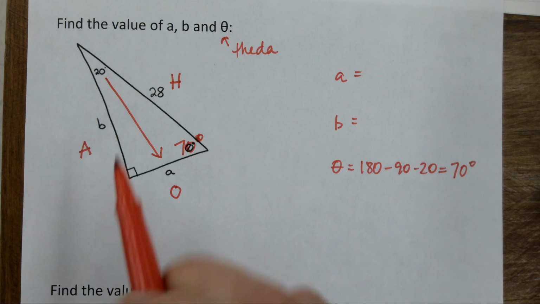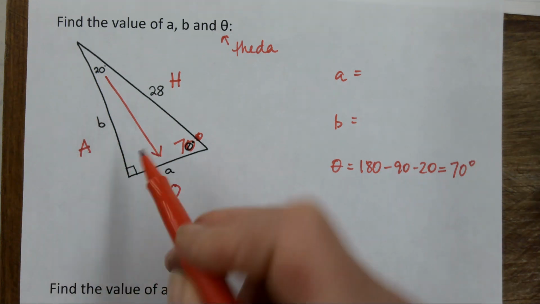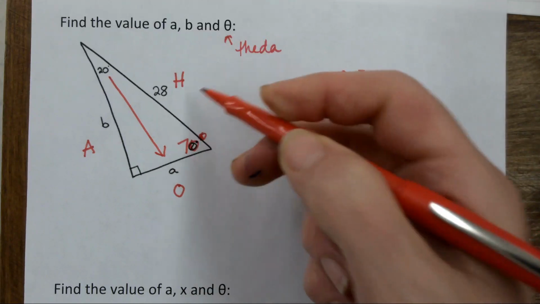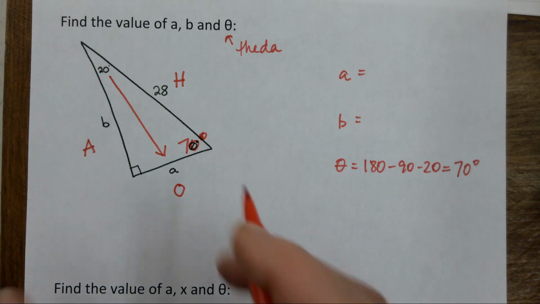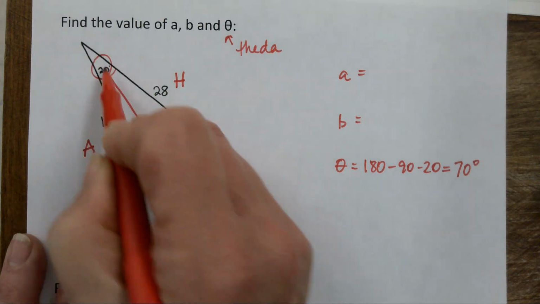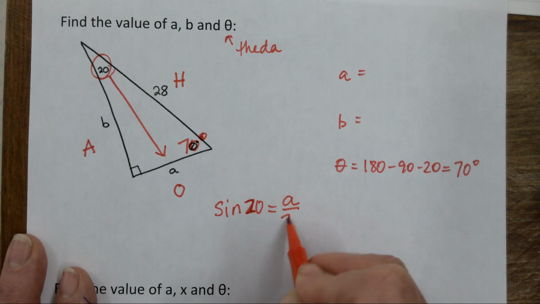I can't use opposite and adjacent because I'd have two variables in my problem, so the only thing I can use is opposite and hypotenuse. Which one uses opposite and hypotenuse? Sine. So I would do the sine of 70, or sorry, of 20, because that's the angle that I drew from. The sine of 20 equals A over 28.